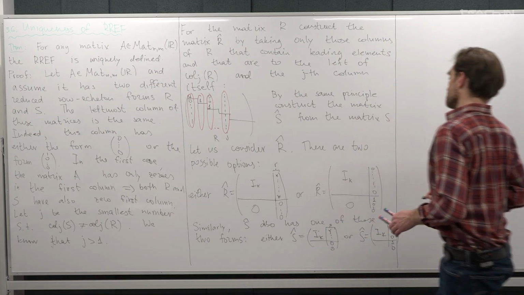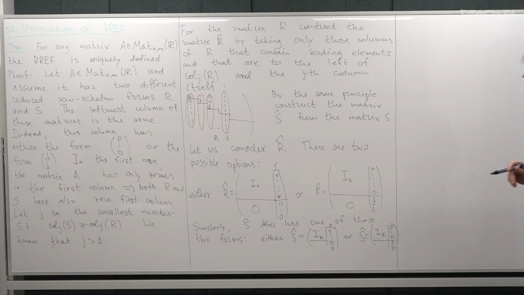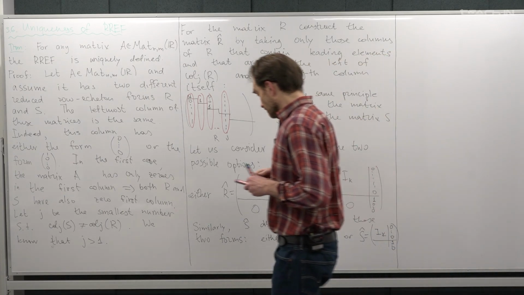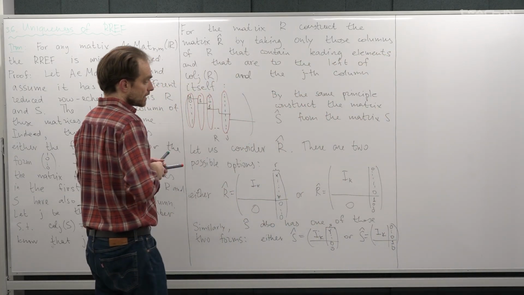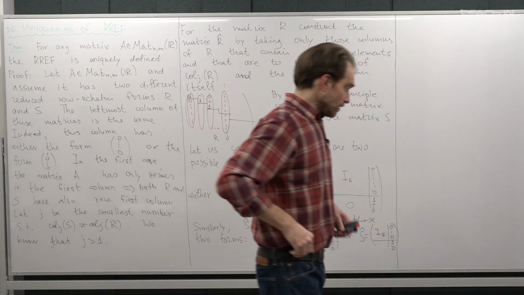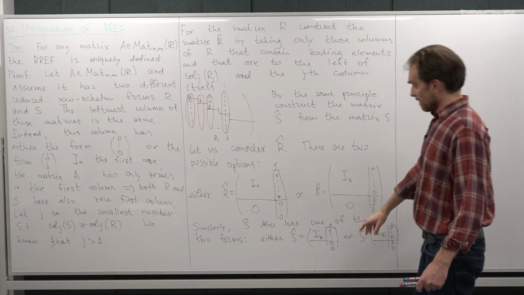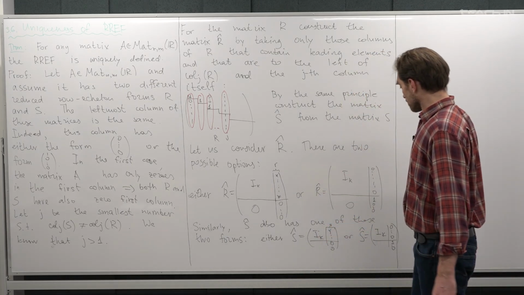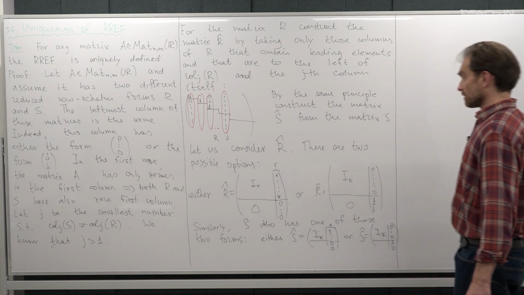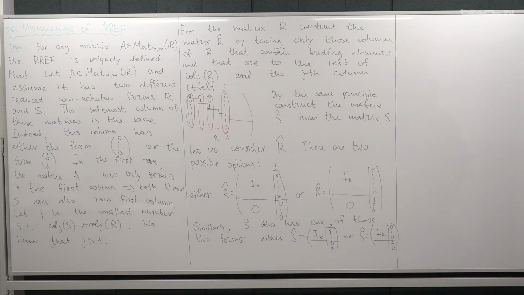So there are two options. Okay. And now we will prove that, in fact, either both of them have this form or both of them have this form. So this is what we're going to do.